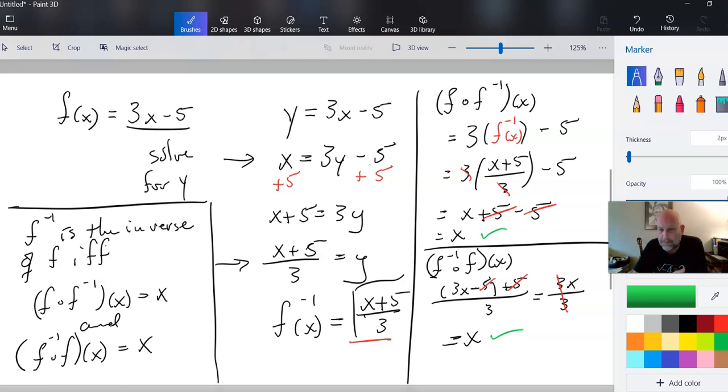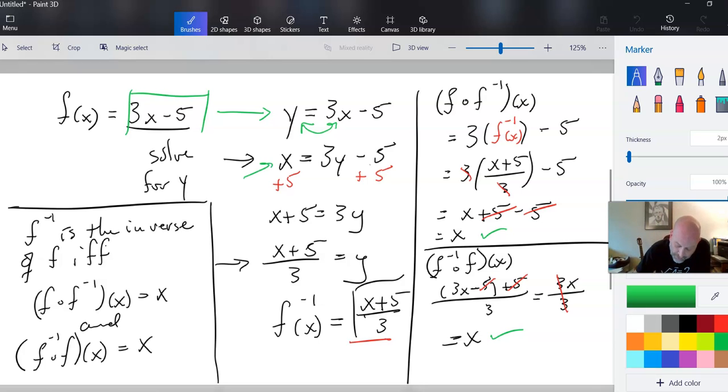Okay, so that was a bunch of stuff. Let me walk through it one more time, just so we understand what we're actually doing. So first of all, we start with our function. Right, here's our function over here. We wrote it in terms of x and y, right? So I didn't have an f of x in there. Then I swapped the x and the y values.